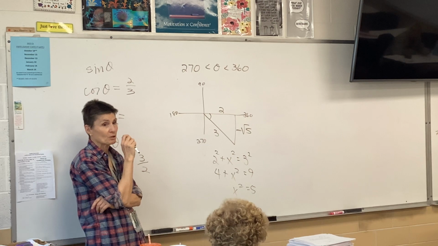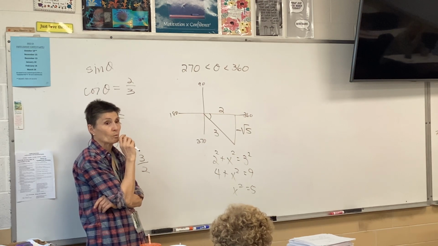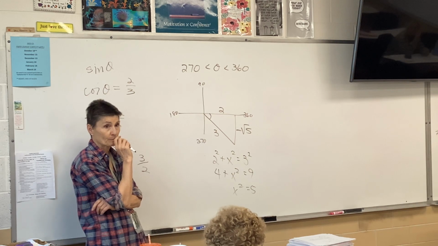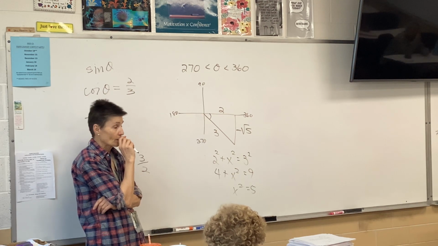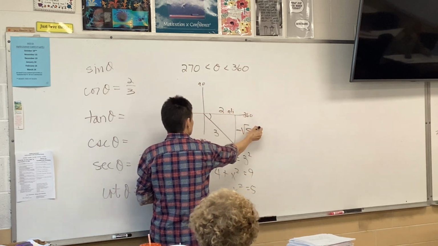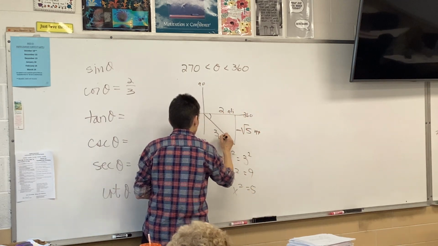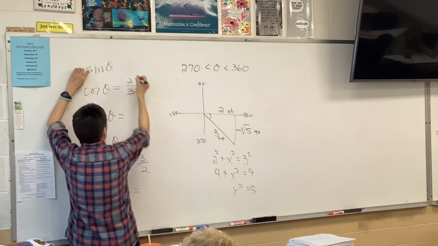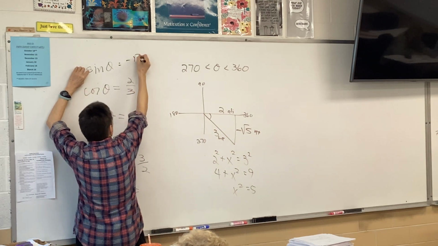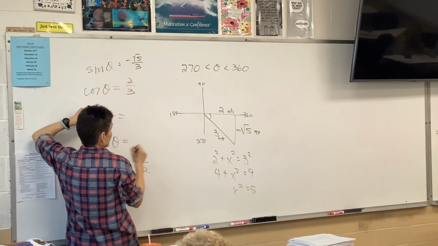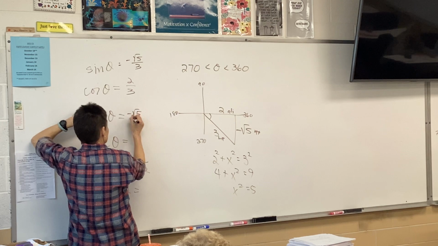Remember when you draw your picture? If you're not in quadrant 1, something will be negative. All right, let's fill them in. Here we go. This is adjacent, this is opposite, it's hypotenuse. Sine, opposite over hypotenuse. Jocelyn, you with me? Yeah. Tangent, opposite over adjacent.